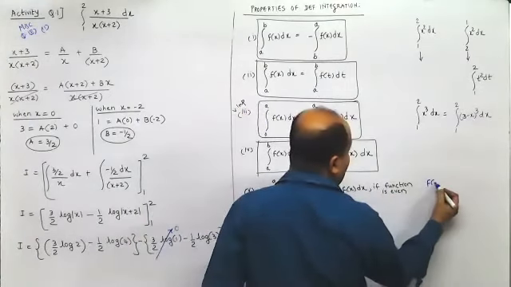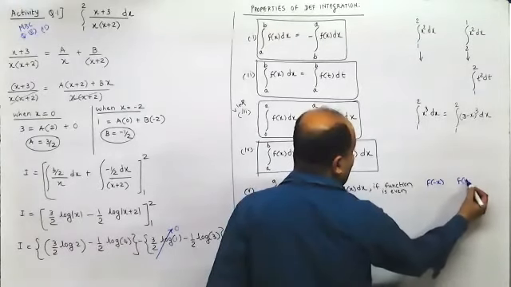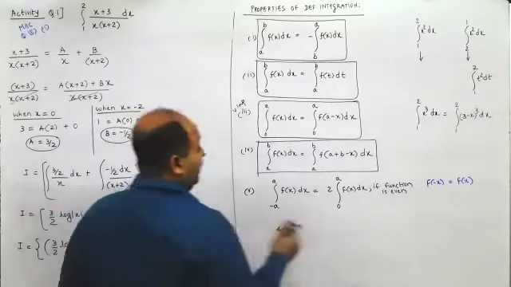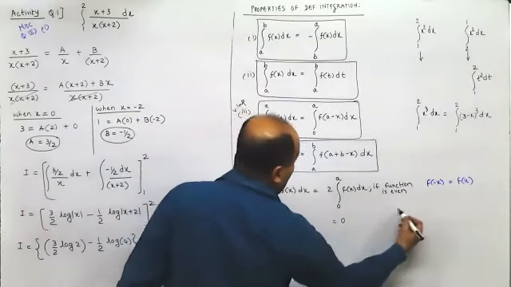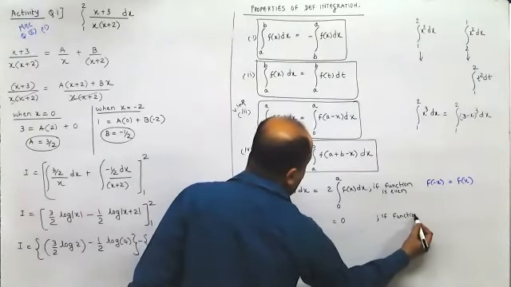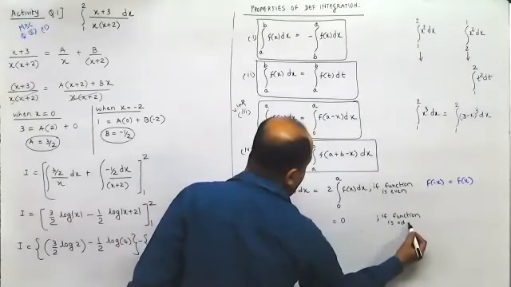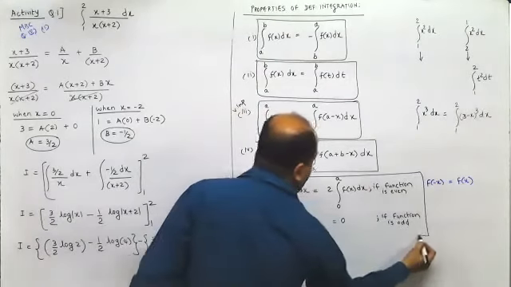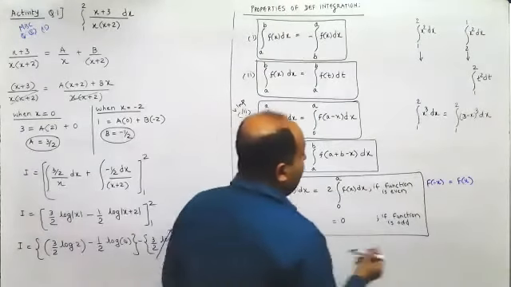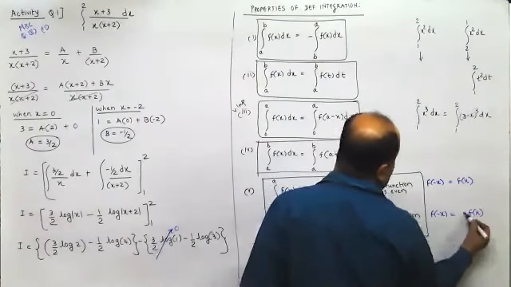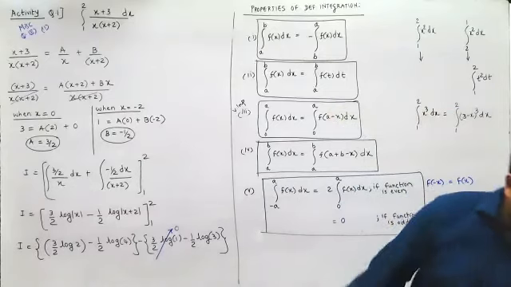I'll find the f of minus x value, I'll find f of x value. If they are equal, function is even. Now, if the function is odd, the answer is 0. What do I mean by odd? I'll find f of minus x and I'll realize that it is f of x itself with a minus sign. Then it is an odd function.